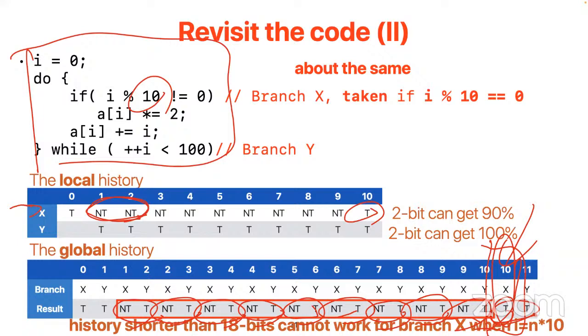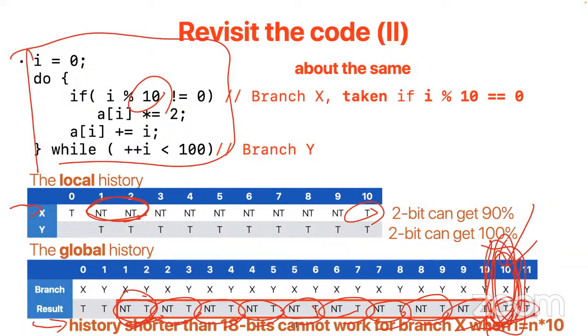Or if you have a history where a 2-bit history looks really good, then for the global history predictor, the 2-bit or any history longer than 2-bit can make this work.